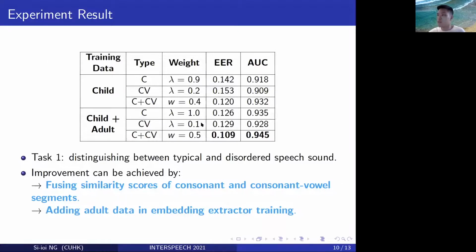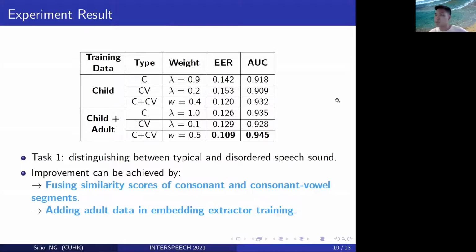From the ratio that achieves the best EER and AUC, we can see that both the similarity scores from the consonant segments and the consonant-vowel segments contribute equally to the detection process.